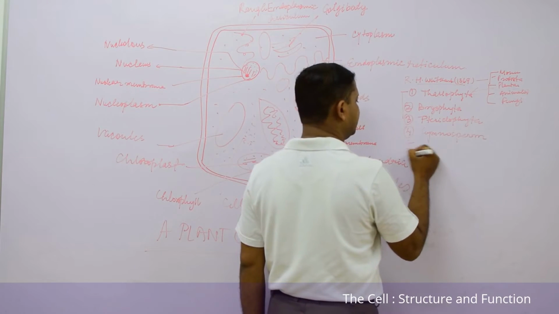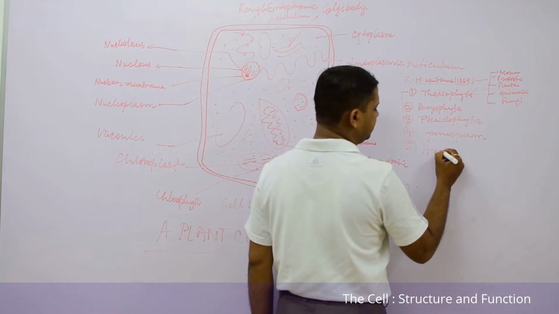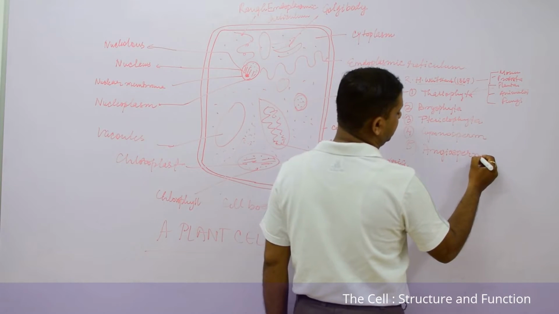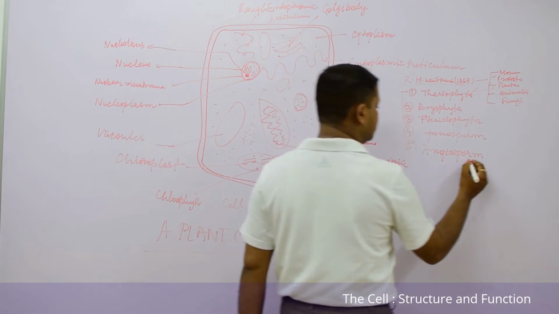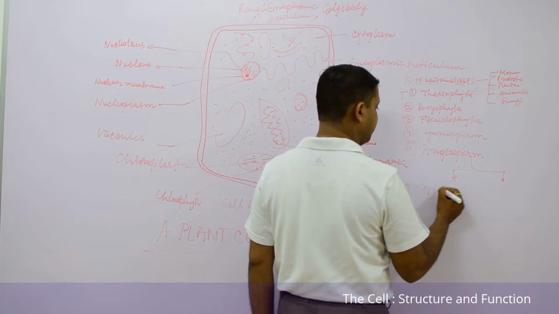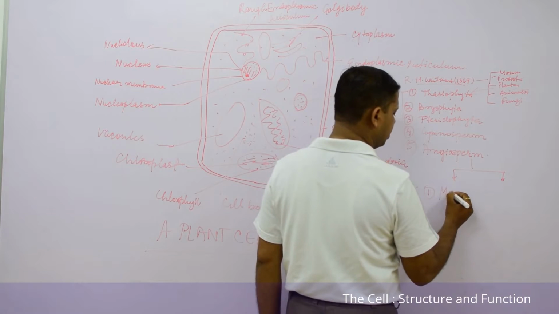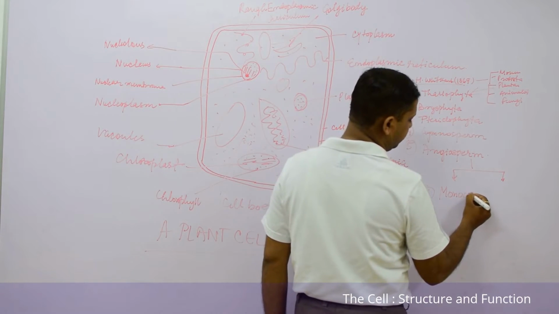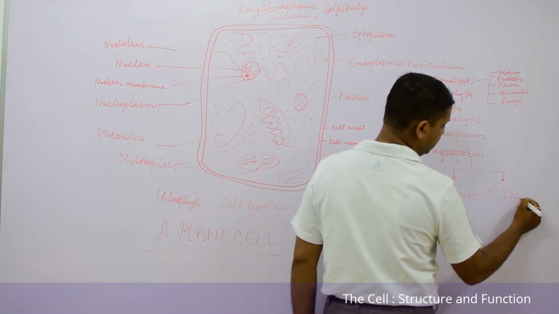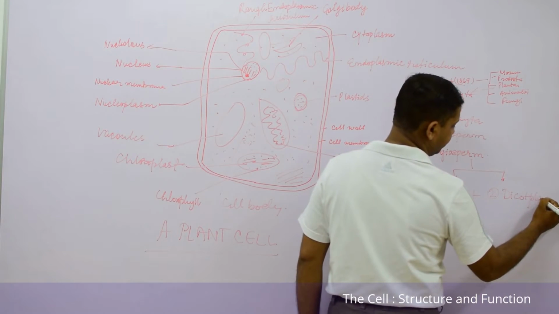And last, fifth, is known as Angiosperm. The angiosperm is further divided into two parts: first is monocot plants, and second is dicot plants.